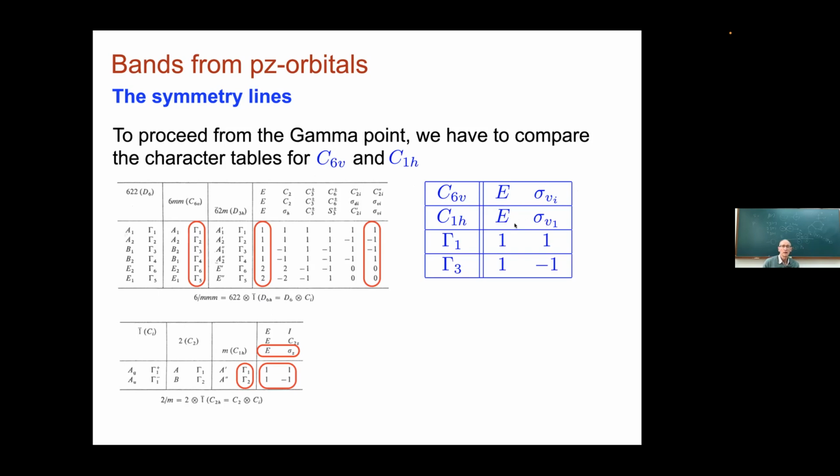So if I look at all these columns, I see which irreps are subduced by each of these. Since I'm only interested in computing this line, and the only irreps that appear were gamma 1 and gamma 3, I only have to care about gamma 1, which is 1, 1, and gamma 3, which is 1, minus 1. So comparing this with this, I immediately see that gamma 1 subduces T1, and gamma 3 subduces T2.